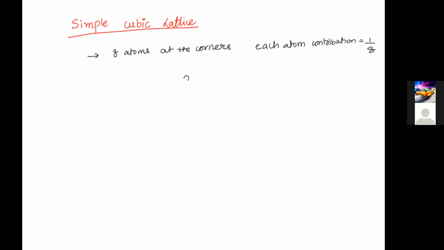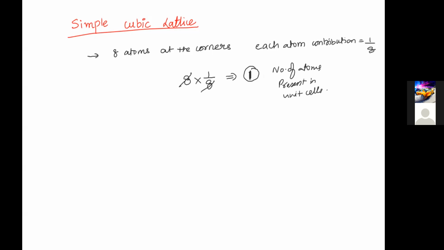When you have 8 atoms and each atom's contribution is 1 by 8, it is almost like it has 1 atom. So the number of atoms present in the unit cell is 1, after joining those 8 pieces.